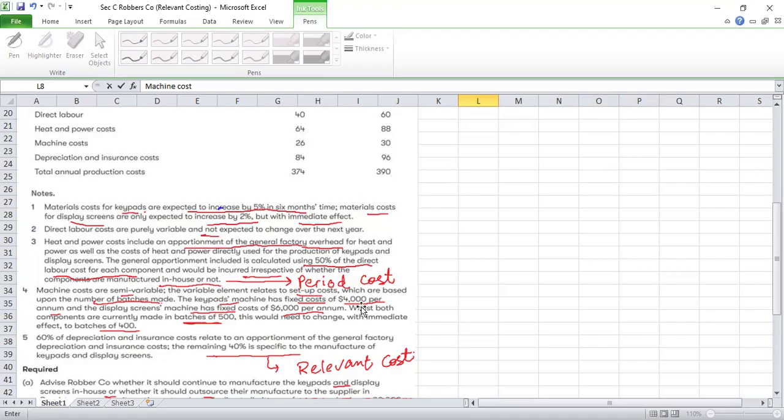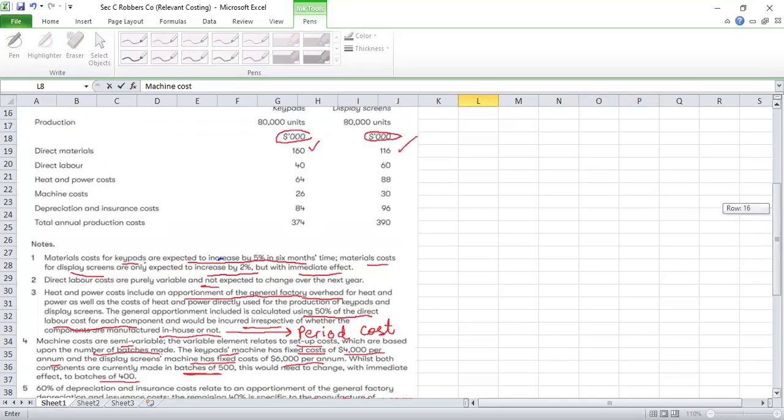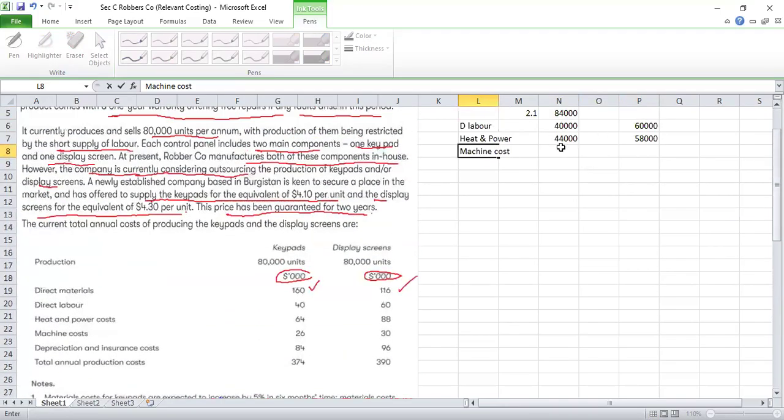And fixed part is 4,000, and here we have a fixed part of 6,000. So first we will calculate only the variable proportion. 26,000 minus 4,000. So the remaining 22,000 is the variable proportion.